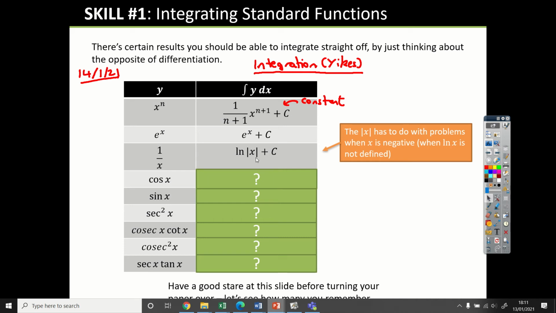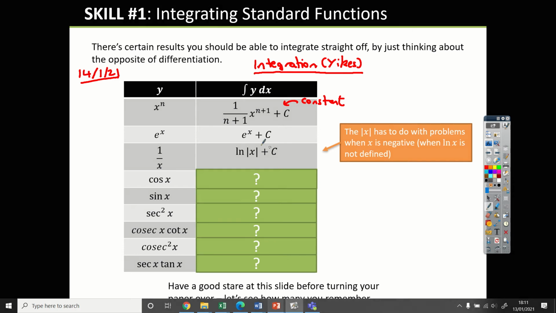Okay, this is quite a small point, but it's not an insignificant one. So we need to take the absolute value of x, because if x is negative, then we can't have a negative inside our ln. So this absolute value guarantees that the argument is non-negative. Okay, so what we can also check is that if x is negative, then we can still check that ln of minus x, which makes it positive, is also going to be 1 over x.